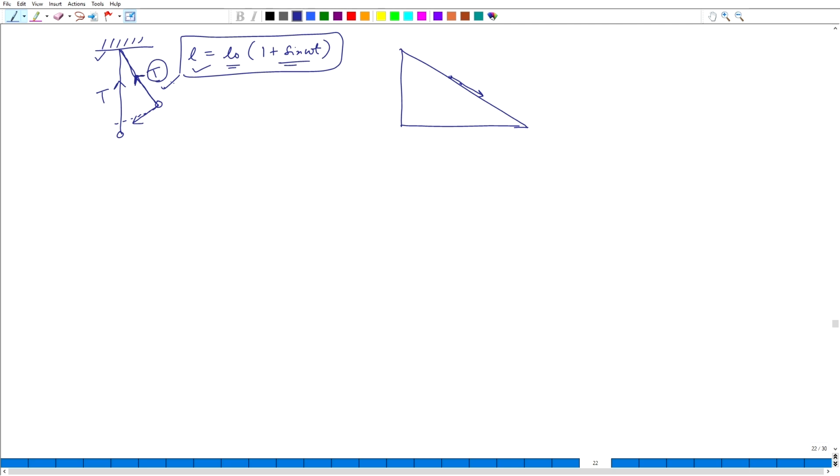So, the particle is moving downwards along this inclined plane with this angle theta, and we impose the condition that the particle should always be in contact with this surface. Then due to this contact, there should be a normal reaction force R, which is also perpendicular to the direction of the motion of the particle.